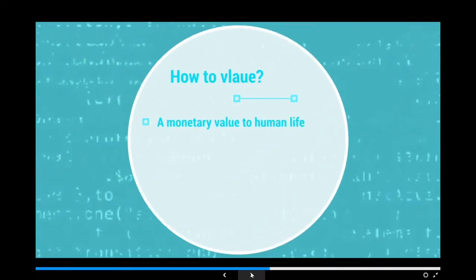The second problem of RCBA is the assignment of a monetary value to human life, a necessary requirement of a robust risk cost benefit analysis.